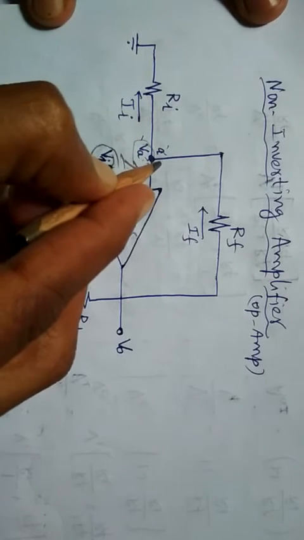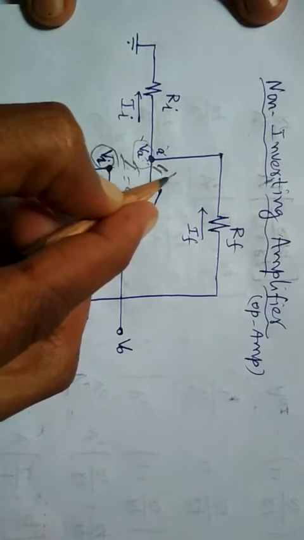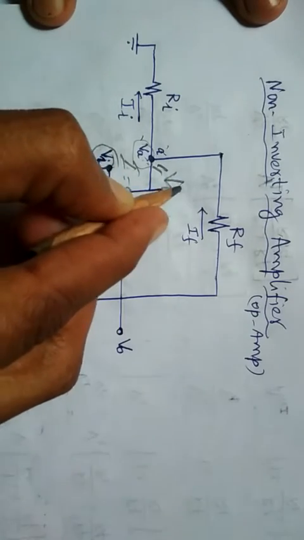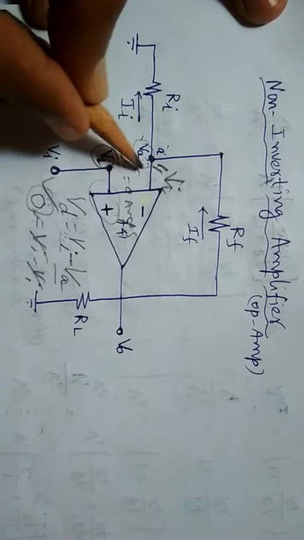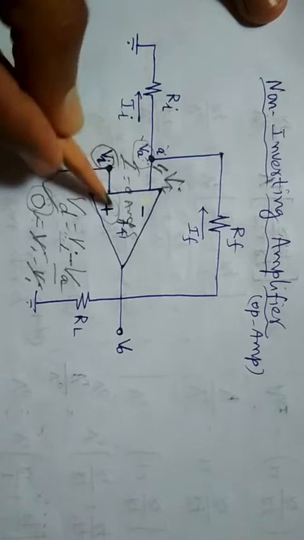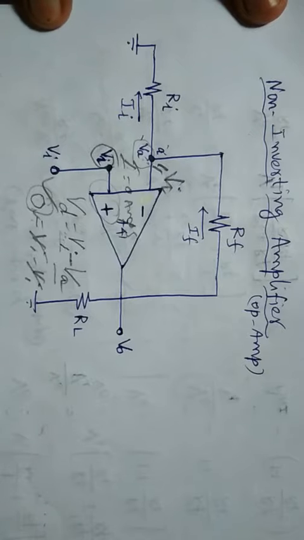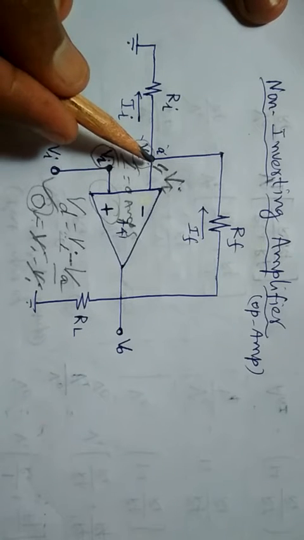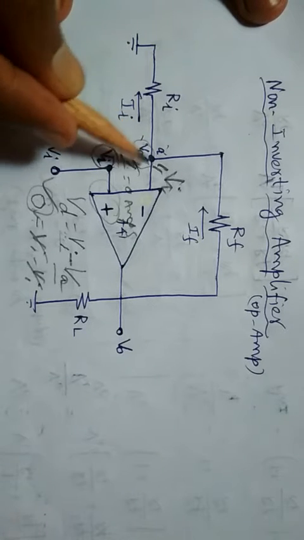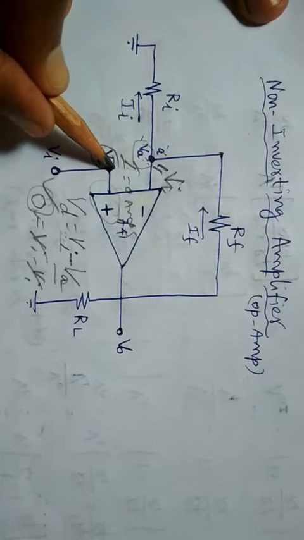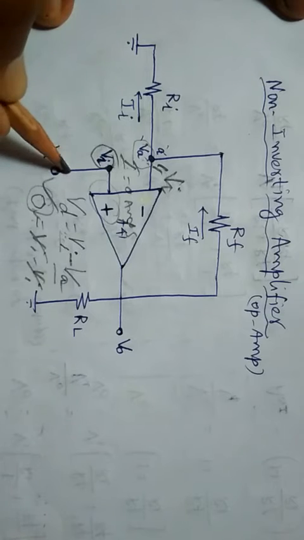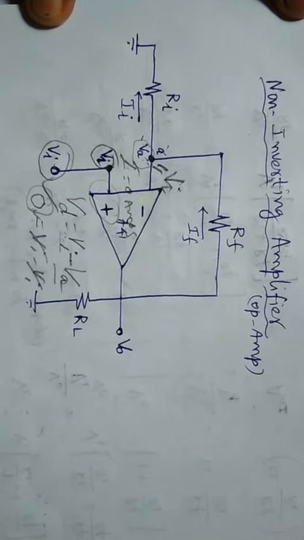So Va will hereafter be named Vi, and Vi minus Vi, the difference between these two, will be 0 because I equals 0 amps. Node A potential, initially named Va, is now Vi, exactly the same as the potential at the non-inverting terminal, that is our actual input.